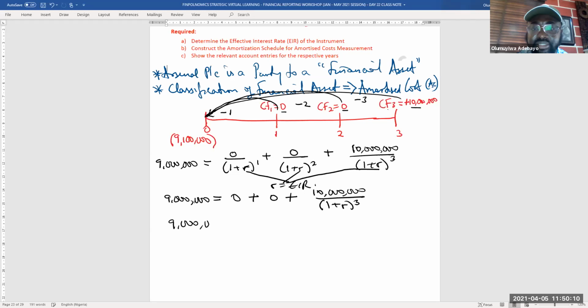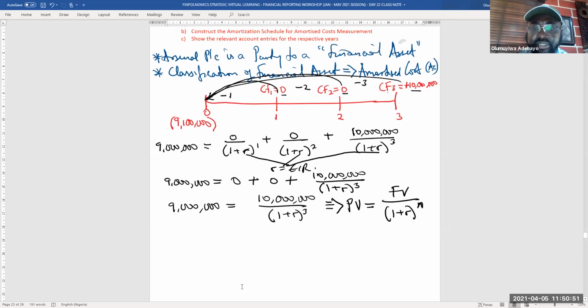Which means invariably you have 9.1 million equals 10 million over what? 1 plus R raised to power 3, which is equivalent of this formula that the present value of 2 extreme cash flows, one inflow, one outflow without intermediate cash flow, is the future value discounted by 1 plus what? R over the period. I just try to derive the formula you guys are used to for a single set of cash flows other than series of cash flows.